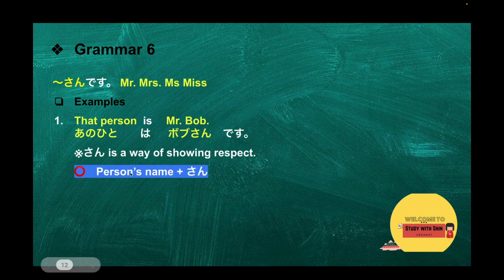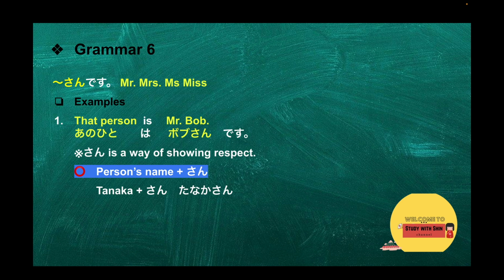So here you can say a person's name plus san. That is a way of showing respect. So if a person's name is Tanaka, then you add san. That would be Tanaka-san. In Japanese, they have their first name and the last name, okay?